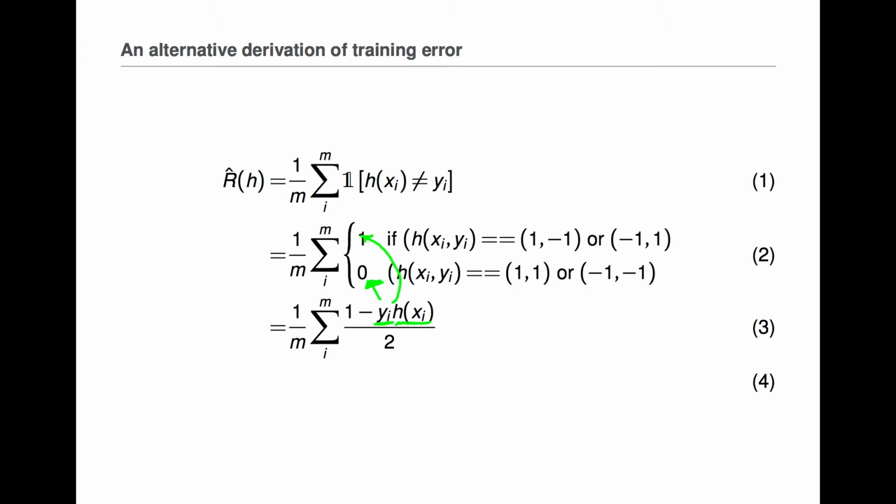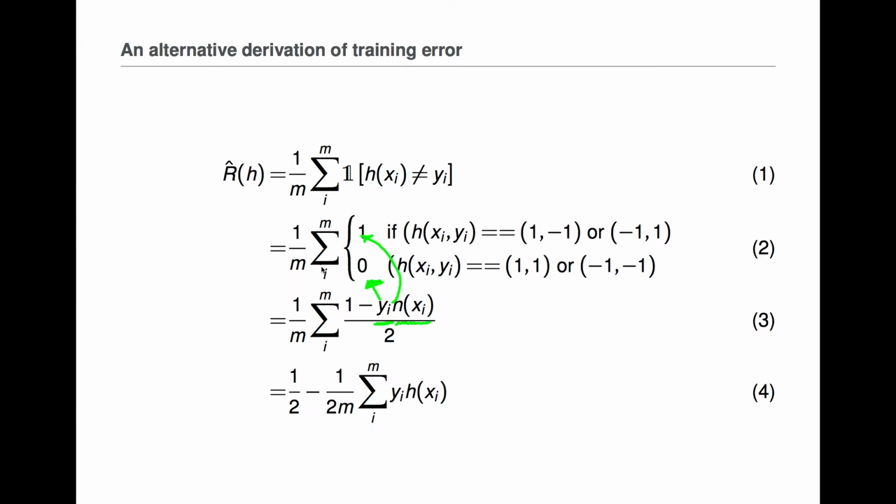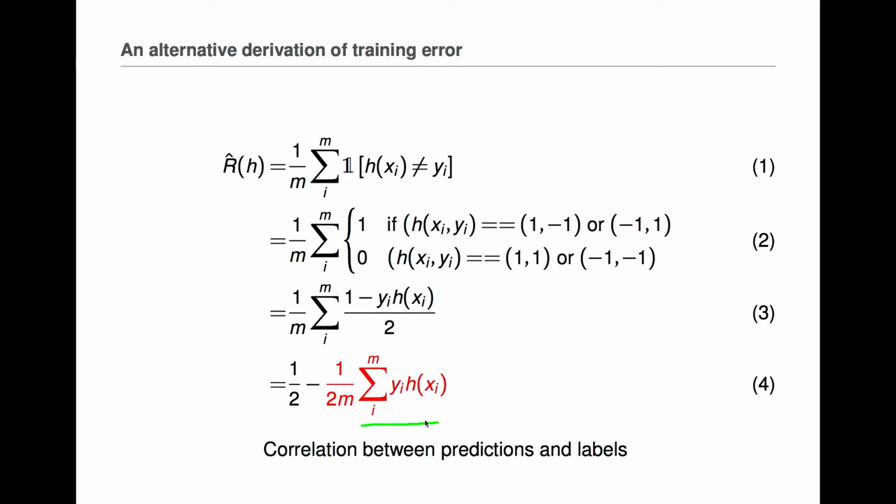We can do a little bit more and factor out the 1/2. Once we do that, we get 1/2 minus 1 over 2m times this thing over here, which looks a lot like a correlation between the predictions and the labels. Basically what you want from a good hypothesis class is good correlation with the true answers.